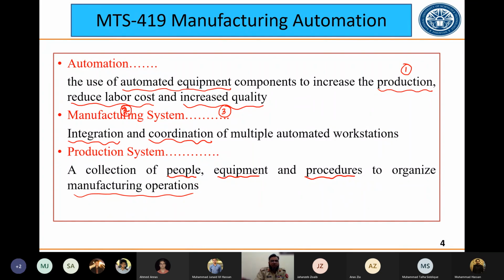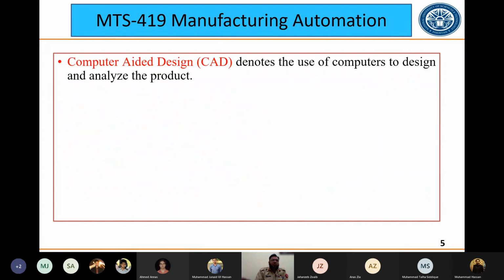Let us move forward, and then we talk about computer-aided design. Computer-aided design denotes the use of computer to design and analyze the product. I am sure that you people have used AutoCAD.